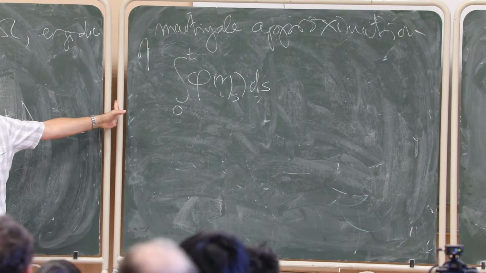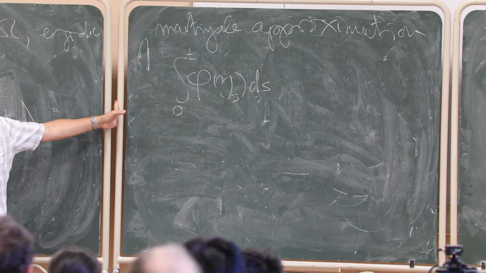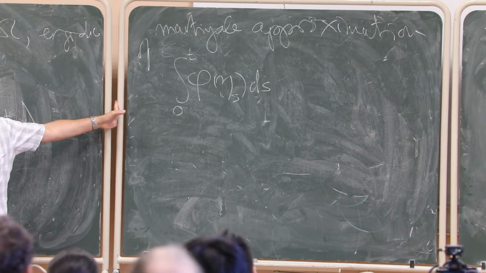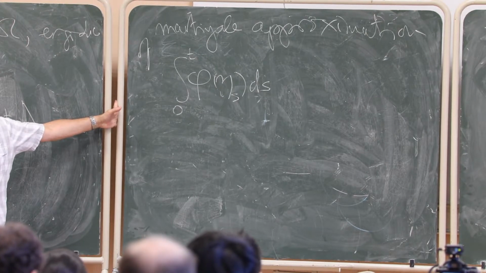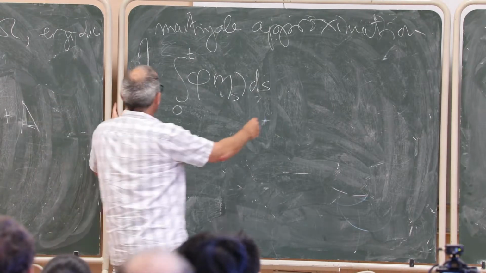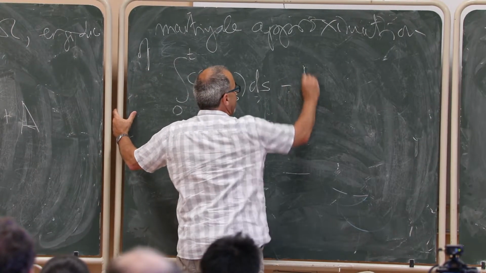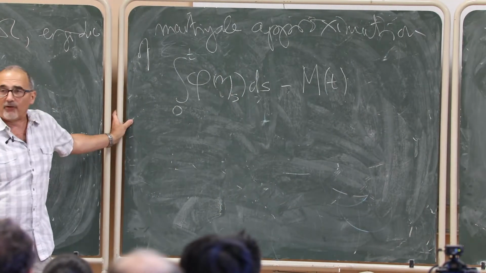And the point is to find a martingale living on the same probability space where the Markov process lives, and adapted to the same filtration. So Martingale approximation is such that this minus mt is small enough.